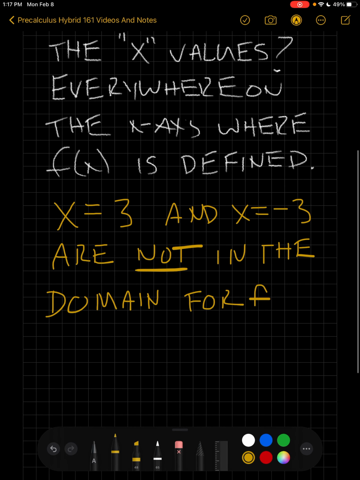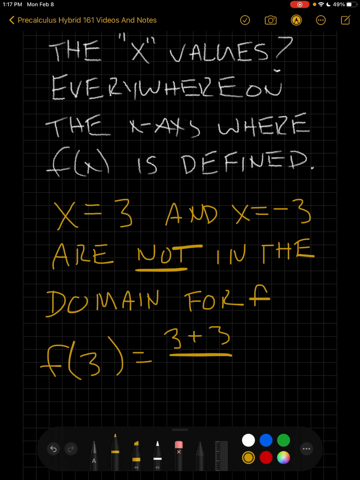And you can see if I try to plug in 3 into this function, that means everywhere that I see an x, I plug in 3. I get 3 plus 3 in the numerator, and then 3 squared minus 9 in the denominator. And that gives me 6 divided by 9 minus 9, which gives me 6 divided by 0.